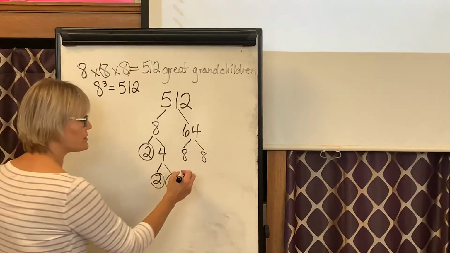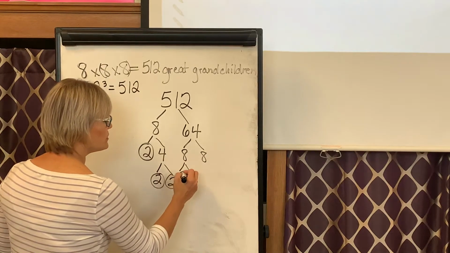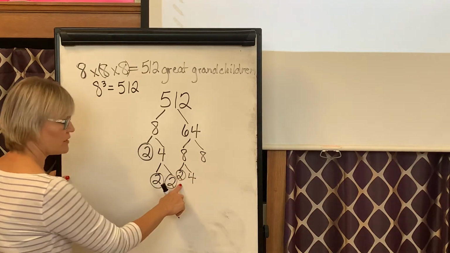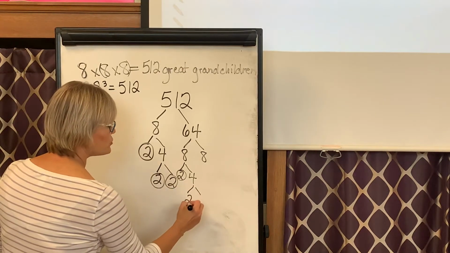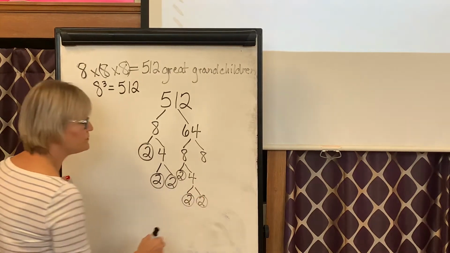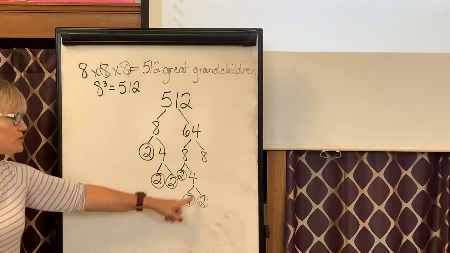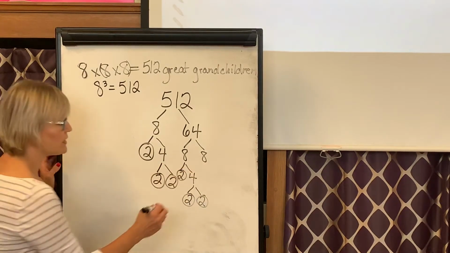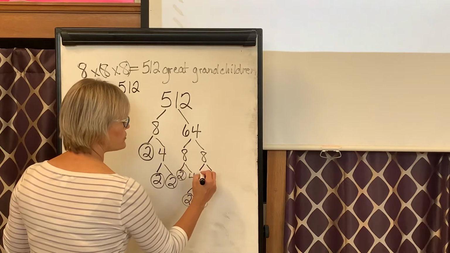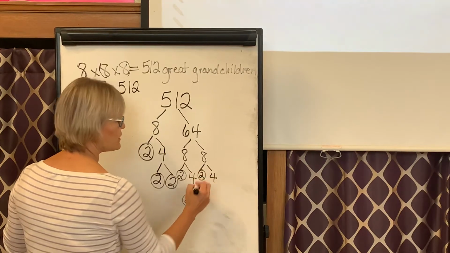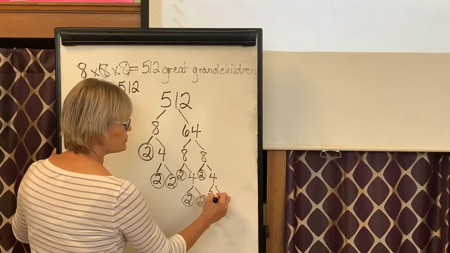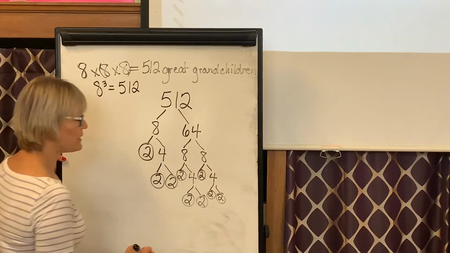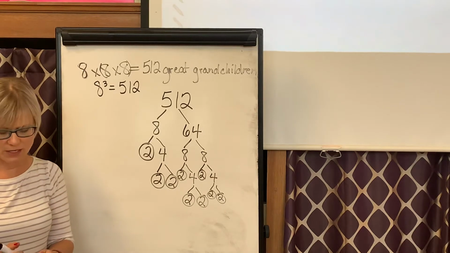These are both composite. 2 times 4, got another prime, but another composite, and I keep going. 2 times 2. Now I'm all the way down to the prime numbers, but I still have 8. I need to keep going. So I've got 2 times 4, there's another 2, and then I've got 4, which is 2 times 2. All right, now I've got all prime numbers.